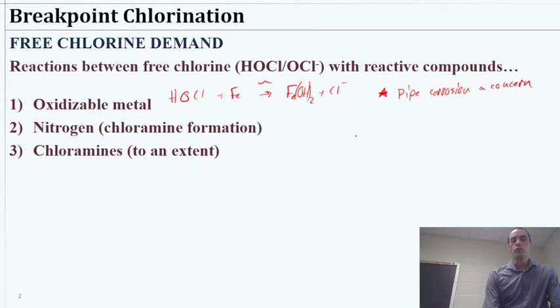Then we have nitrogen groups that are going to demand chlorine in a way that, let's say we have an NH3 and HOCl. It's going to look something like this. This will become NH2Cl. So that would be a monochloramine.